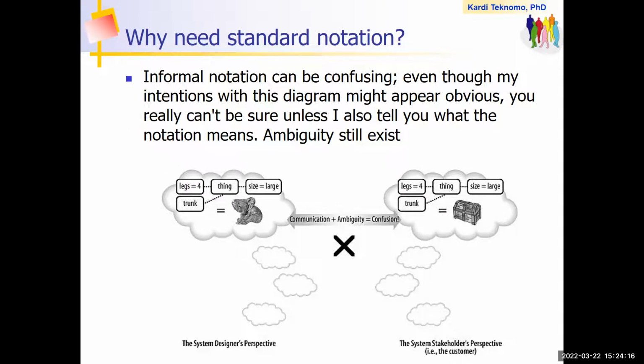Using an informal notation can be confusing. Even though my intention with this diagram may be obvious, you may think differently. So ambiguity is the problem in communication.